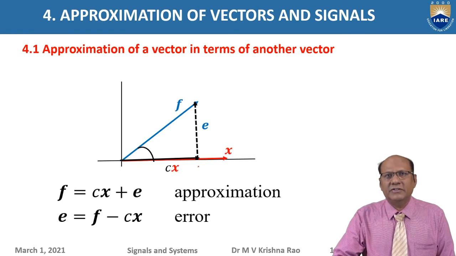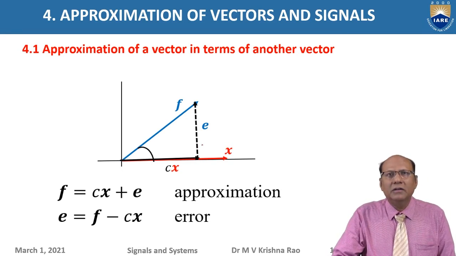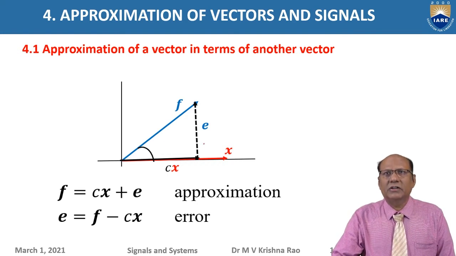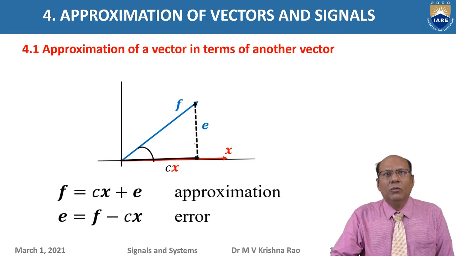Similarly, in the case of n dimensions, any arbitrary vector can be expressed as the sum of n components, each lying along an individual orthogonal axis. That is what we have done. Now, how to deal with approximations? We require the approximation. So, we have one vector.